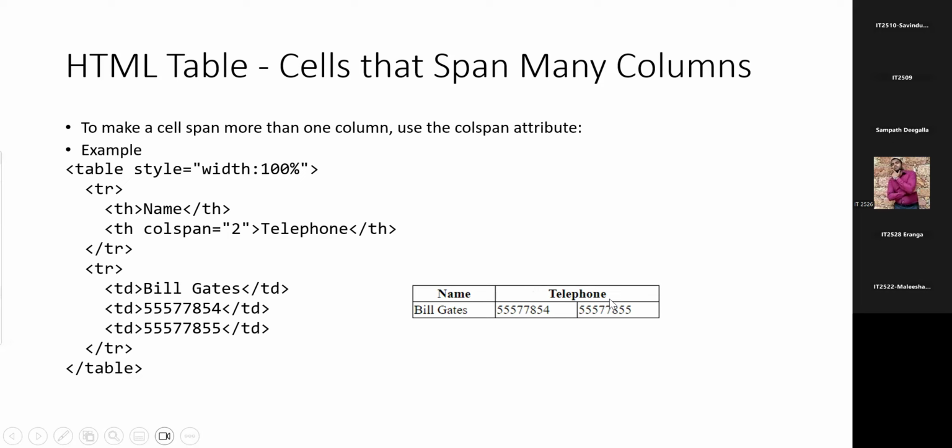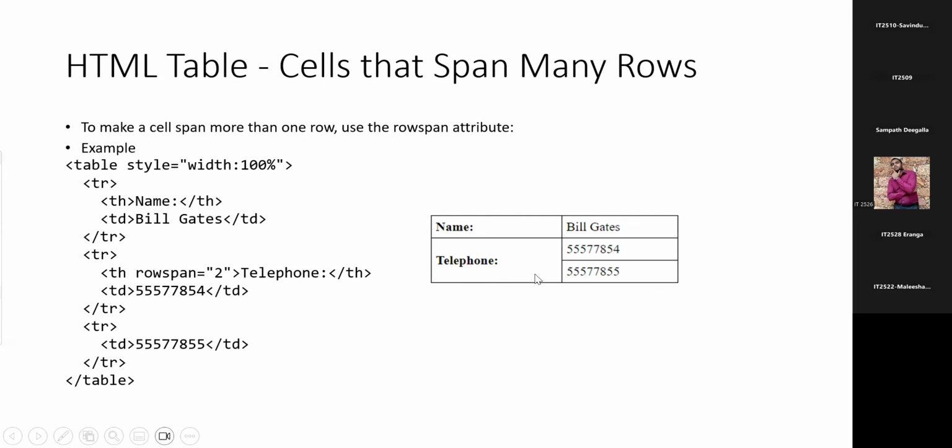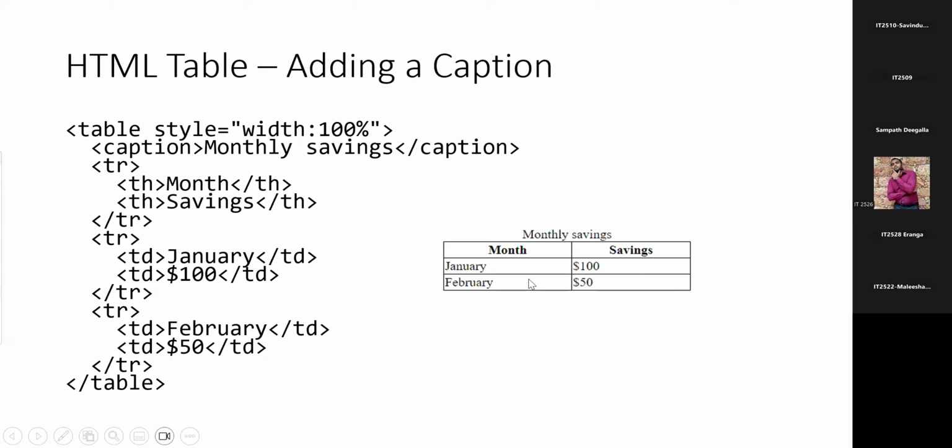Right. So the two things that we have discussed are how to span the columns and then the rows. So for this one we use the attribute called colspan. We specify how many columns we need to span. Here we will use rowspan, how many rows we want to span to create a table like this. Right. So the next one is how do you add a caption? So ideally, when you have a table, you can have a table caption.